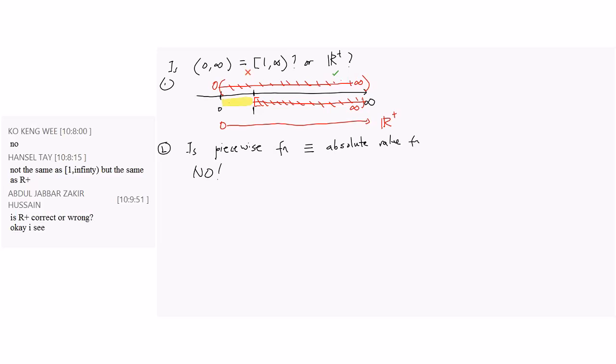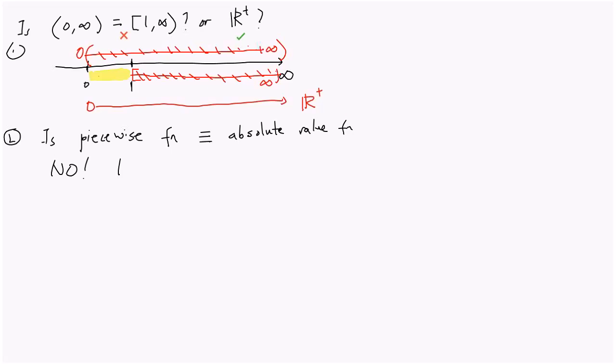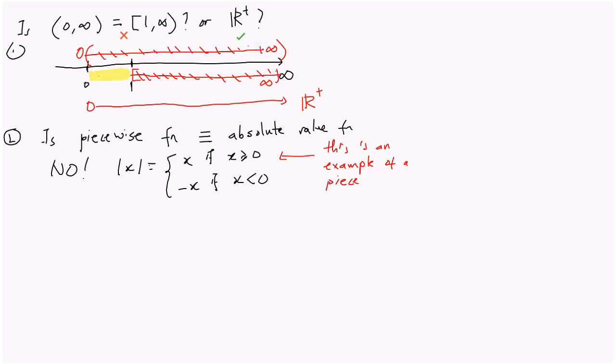The absolute value function is a special type of piecewise function. You can see this is an example of a piecewise function.